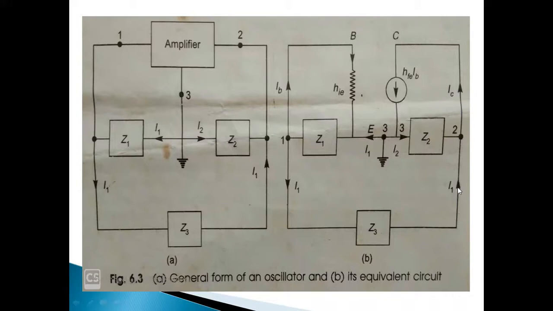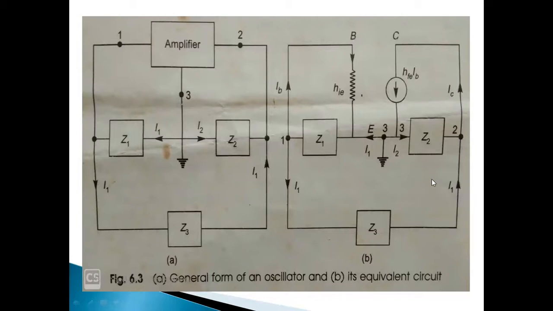What is the impedance? Impedance is the total parallel combination of Z1 and HIE that is in series with Z3. So the parallel combination is here we are taking it as Z dash. So Z dash and that is in series with Z3. So Z dash plus Z3 is the impedance at this terminal and current is I1.